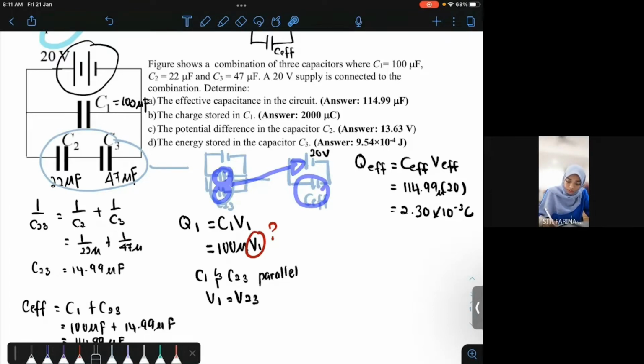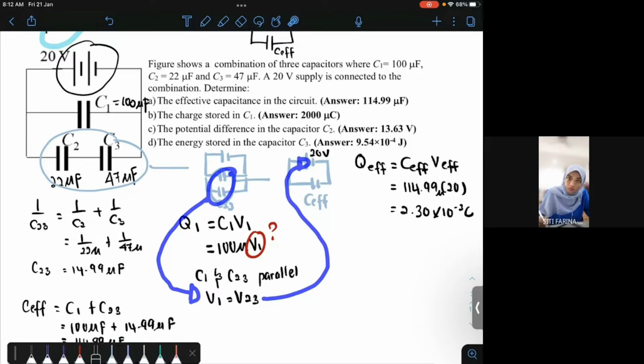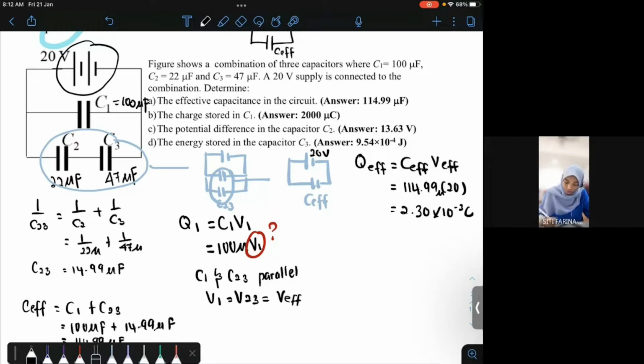Okay, to get this C effective, we combine these two in parallel. So bila parallel, mereka akan mempunyai voltage yang sama. Voltage itu akan sama dengan V total kamu. Right, so akan sama dengan V effective lah, V total. So we know indirectly V1 is also 20 volt.